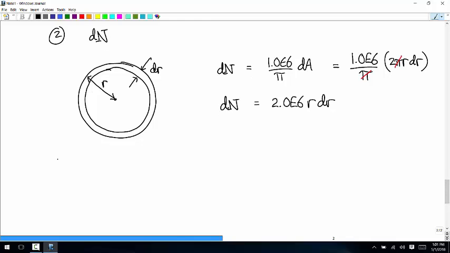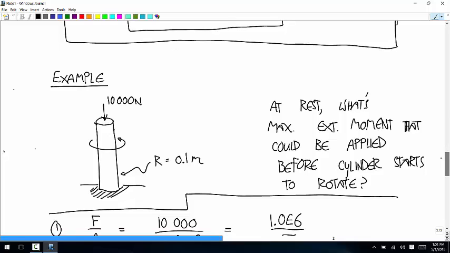And now the friction force, this infinitesimal friction force, is just equal to the coefficient. Oh, I didn't give that. I meant to. Pretend I did. Okay, so let's say that the static coefficient of friction is 0.1.